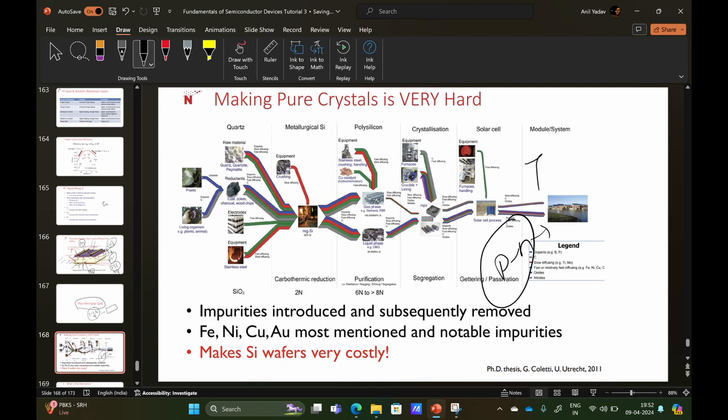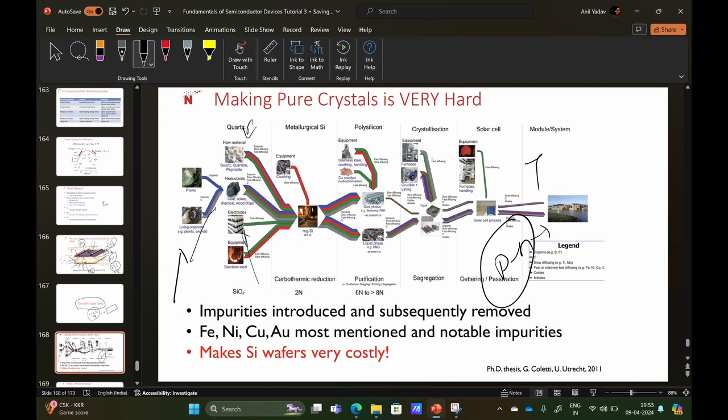Initially we take sand, and from sand we make a solar cell. It is not an easy task to make a silicon wafer from sand. Quartz is the raw material for that.